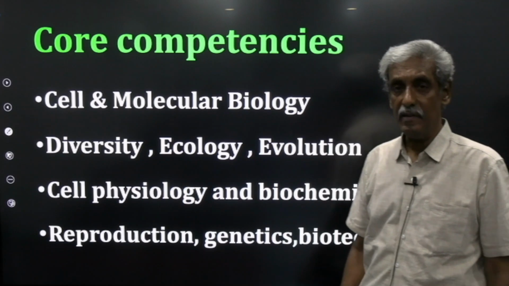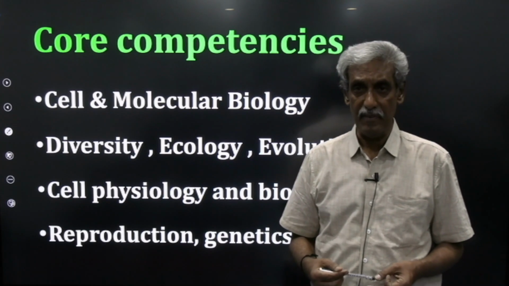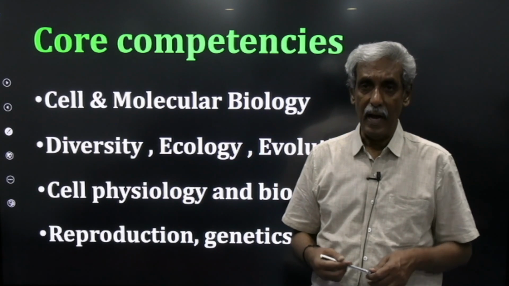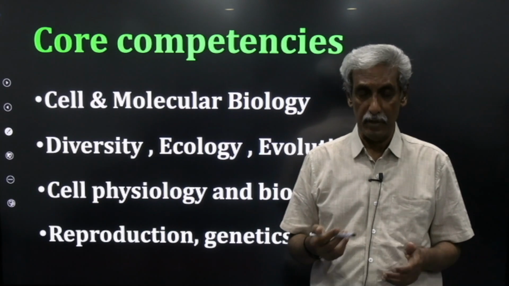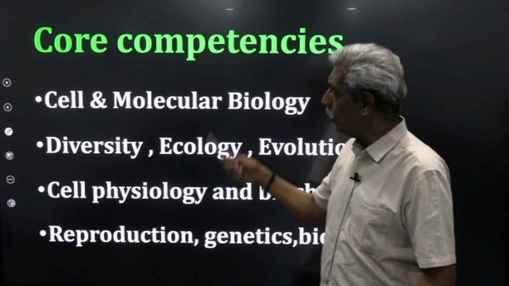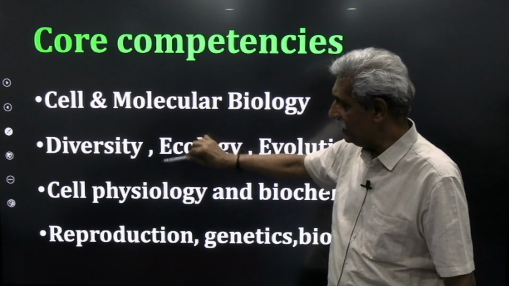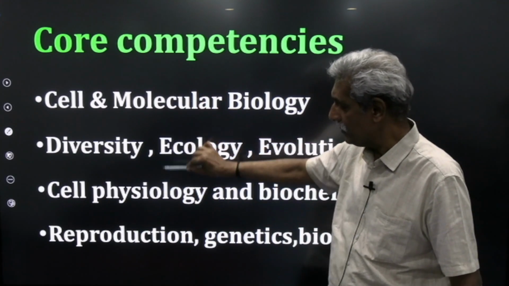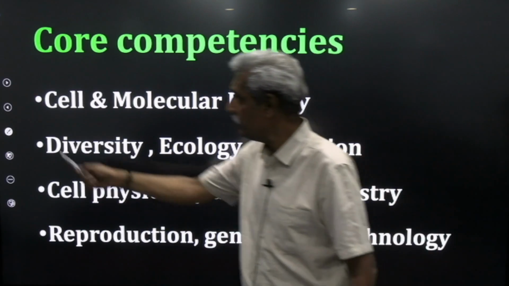So biotechnology is the integrated science of biology, chemistry, physics, and also maybe microbiology and different tools and techniques in modern sciences for the welfare of human beings. So at the core, every student of NEET needs to know at these 4 levels. From these 4 levels, 25%, 25%, 25% and 25% of the questions are primarily coming in NEET.